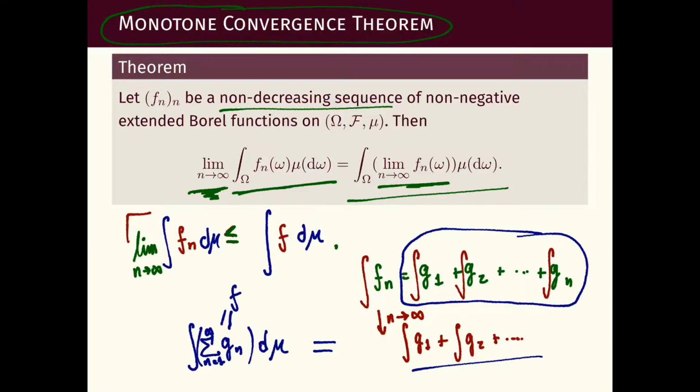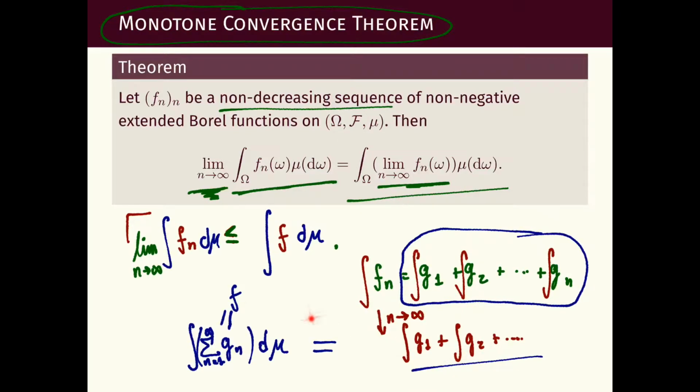And this will conclude the proof, because now what we showed is that we started with the integral of fn. We express it as a finite sum where we're only adding more and more terms in the end. We take the limit of this expression for the integral of fn. We get this infinite sum of integrals.